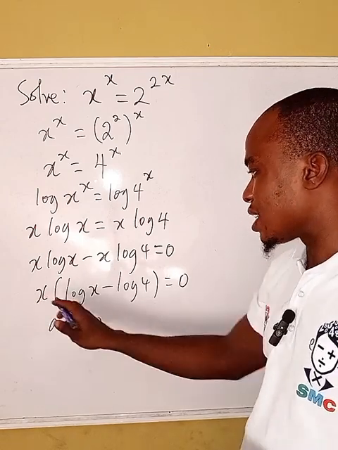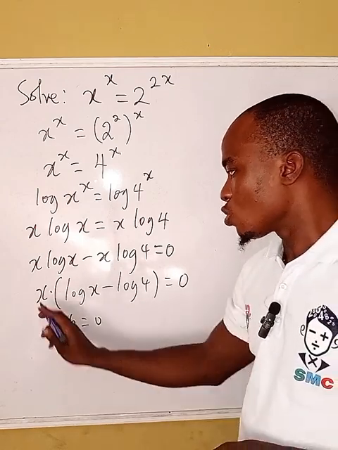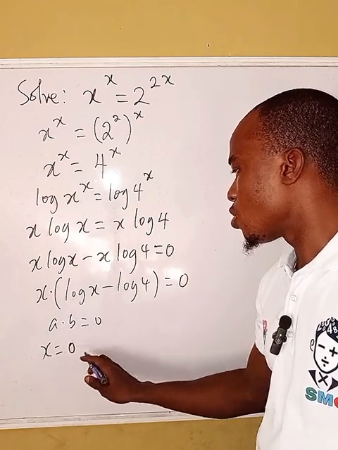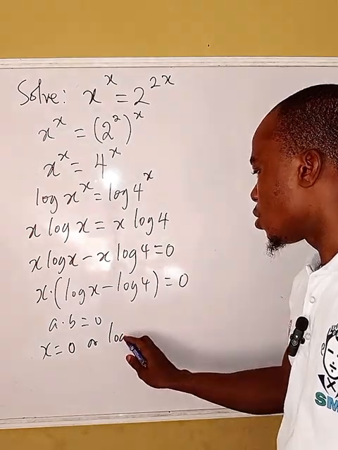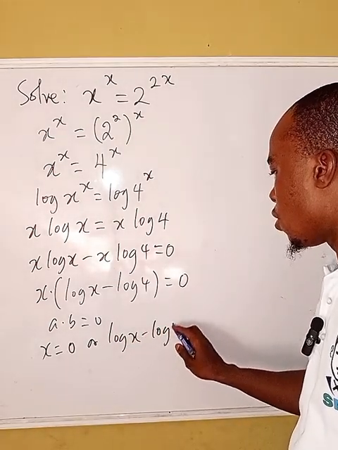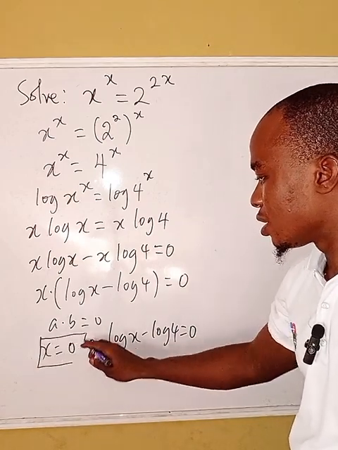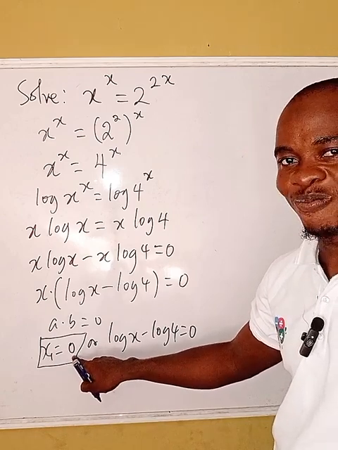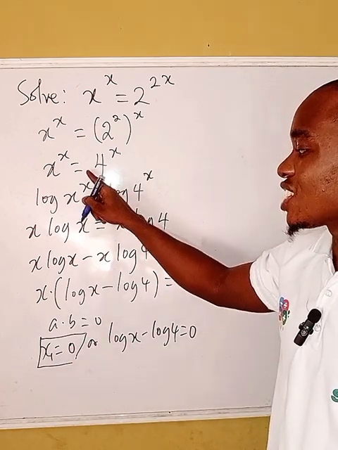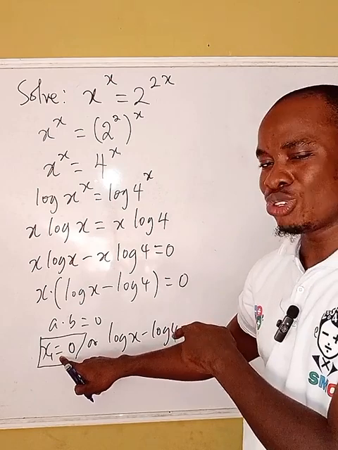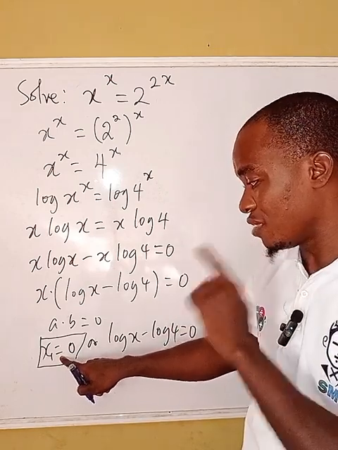Between x and this bracket, we have multiplication. So this is going to be x equals 0, or log x minus log 4 equals 0. So we have one solution here. That is x1 equals 0. If you have done the cancellation here, you miss this solution. That is why you have to be very careful.